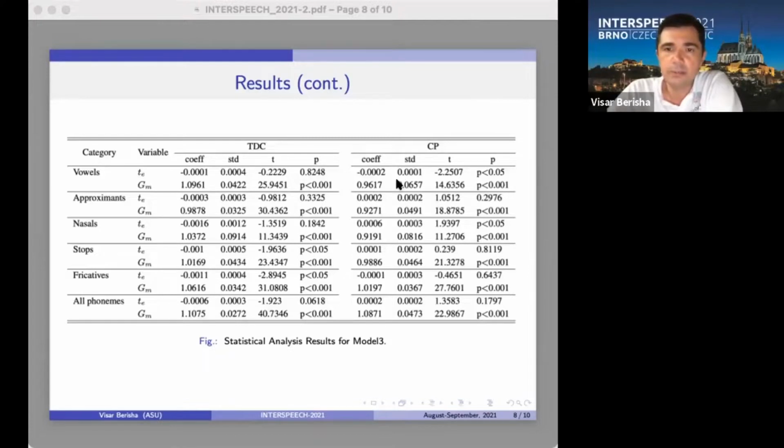Comparing across the two databases, I think it's clear that the magnitude of the forced alignment errors in the CP database is greater, and so as a result, on average, they have a larger impact on the automatic GOP, but still the trend is consistent across both databases.